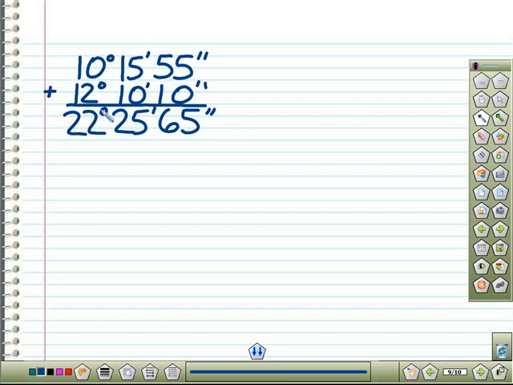I mean, there's nothing wrong with that really, except it just doesn't look good. Let's take 60 of these seconds and add another minute over here. And how many seconds does that leave us? 5. That's right. Now that looks a little better. Would you need to write that 5 or 05? Just 5. I thought I'd ask.